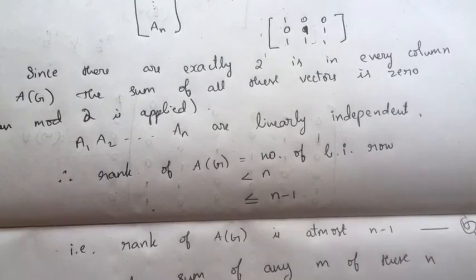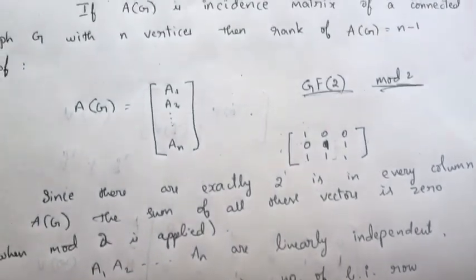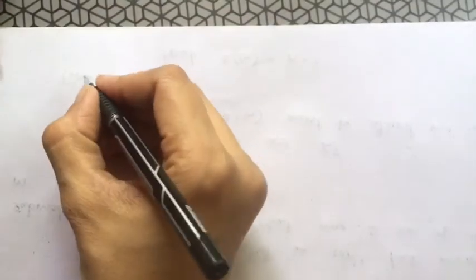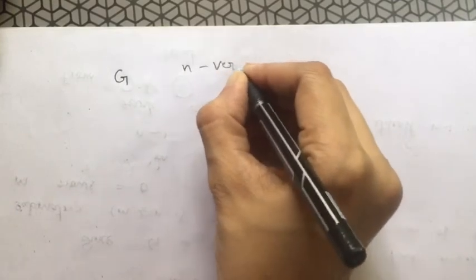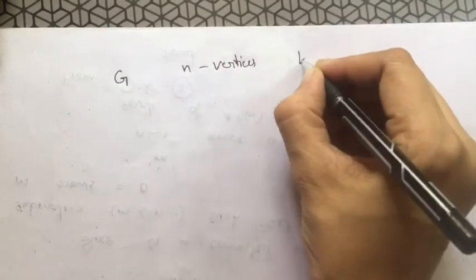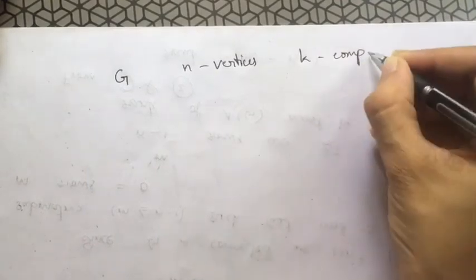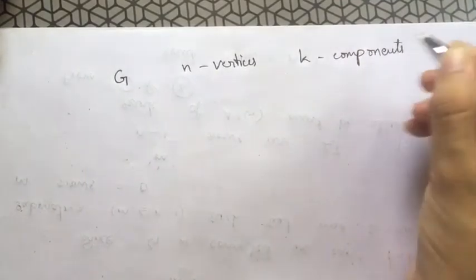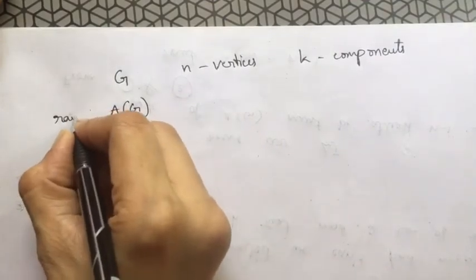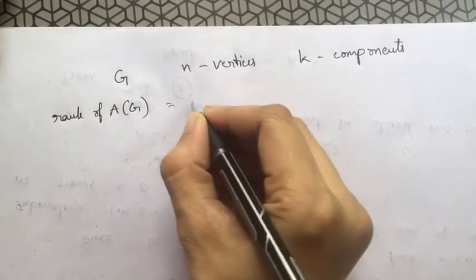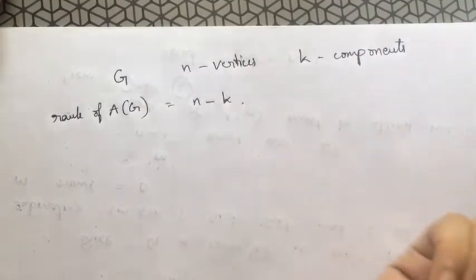If I have a graph with n vertices and k components, then the rank of the incidence matrix is n minus k. If graph G has n vertices and k components, then the rank of incidence matrix A of G is equal to n minus k.